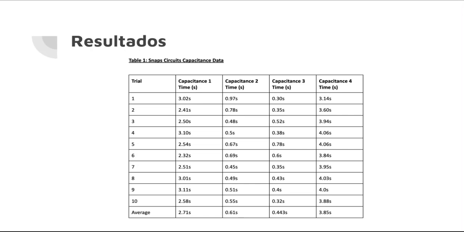In part 2, the total capacitance was reduced to about 82.5 microfarads by adding a 470 microfarad capacitor in series with a 100 microfarad capacitor for capacitance 4. This also lengthened the LED illumination period, even more than the parallel arrangement.